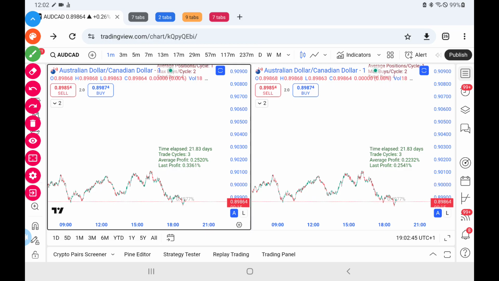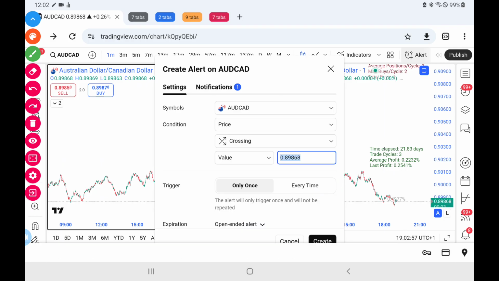All you do is click on the alert, that button right there. It's going to bring up the alert pop-up.